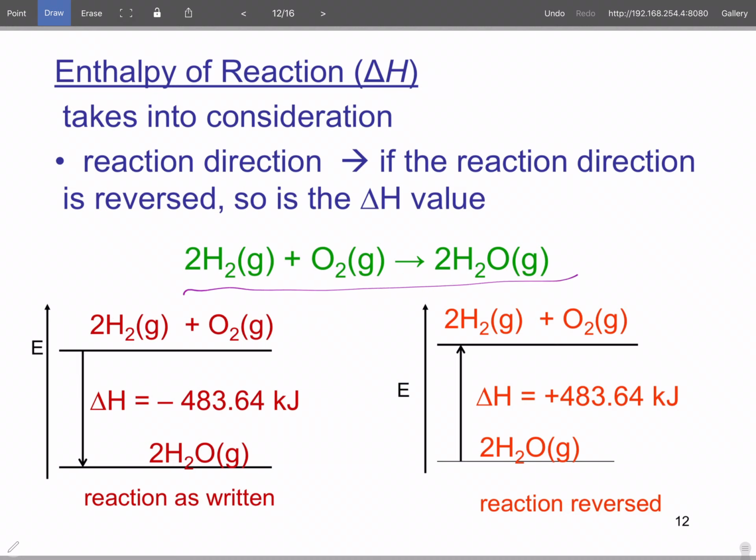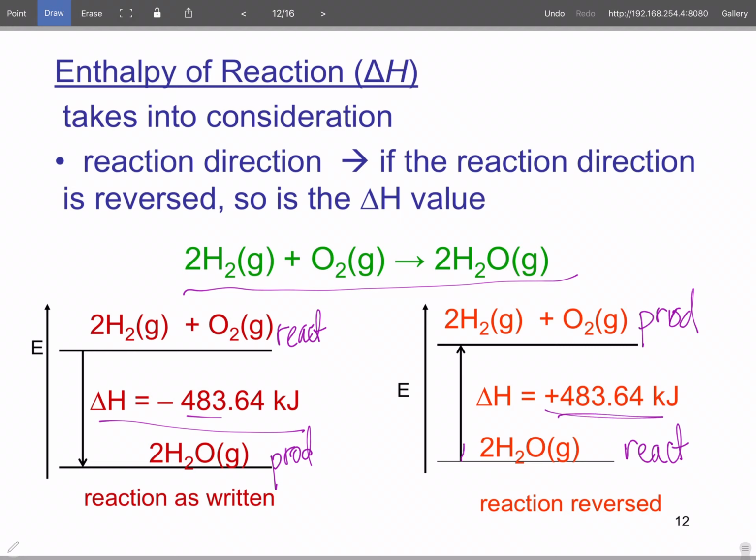Okay, so if we have this reaction going forward, then these are the reactants, these are the products. So as written, it's negative. If we reverse it, then these become the products and this becomes the reactants. So now we're starting here and going back.